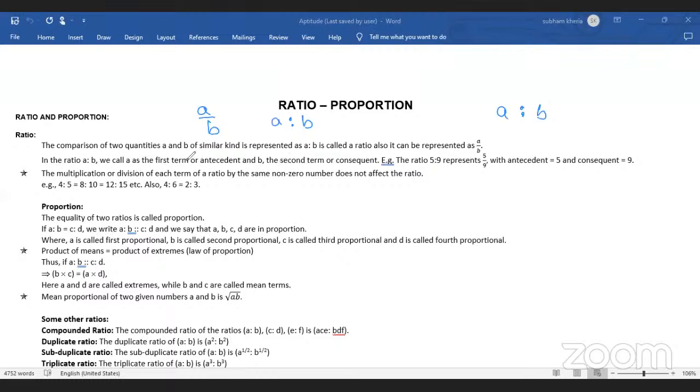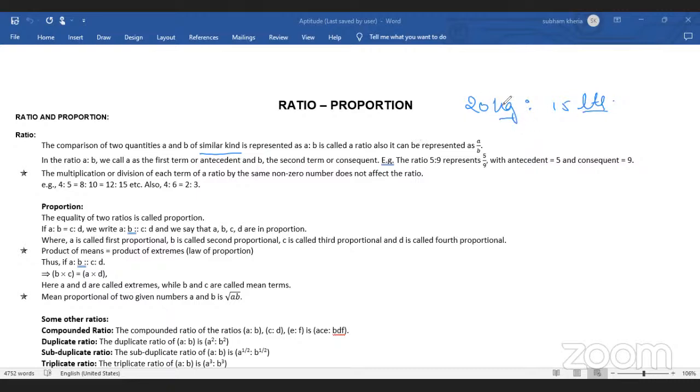See, a ratio is a comparison of two quantities A and B of similar kind. What does this mean? Both of them should measure the same kind of quantity. For example, if I say 20 kg is to 15 liters, the units are different.